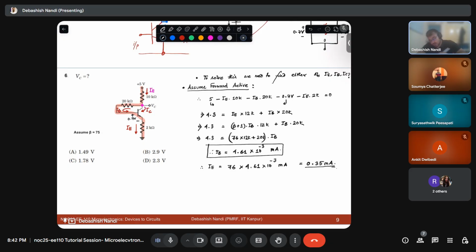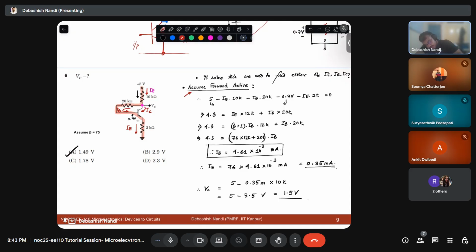Okay. Now once IE is known, I can easily find VC. So what will be VC? VC will be nothing but 5 minus 0.35 milli times 10K. That is 5 minus 3.5 volt is equal to 1.5 volt. Okay. So A will be your right answer. But again, we need to re-verify this assumption.